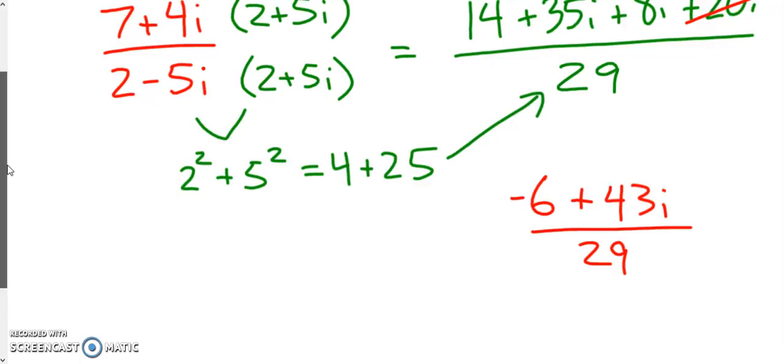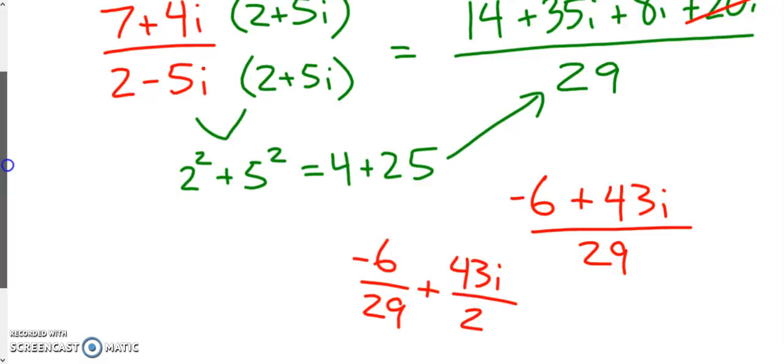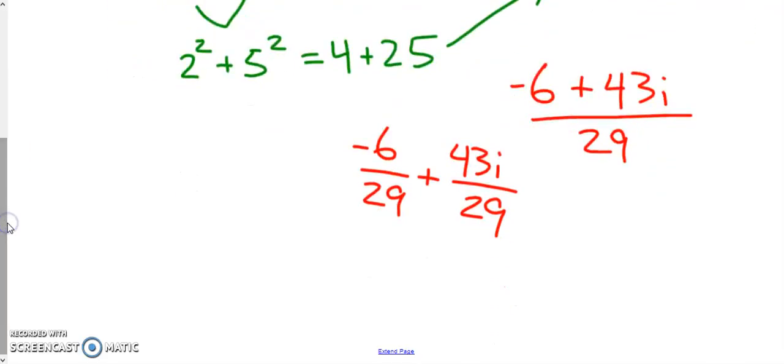So all you got to do here is go negative 6 over 29 plus 43i over 29. And technically, you can put the i up in the numerator, or you can put it back here, just multiplied by the fraction. I'm not going to be picky about that. So you can either write this, or similarly, you could write this. And I'm not going to care which one's which. Fair enough?